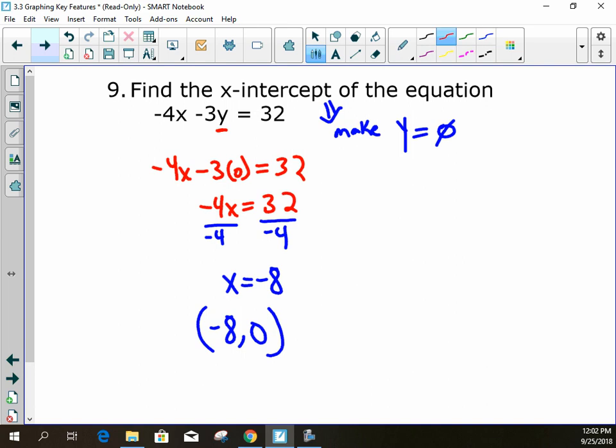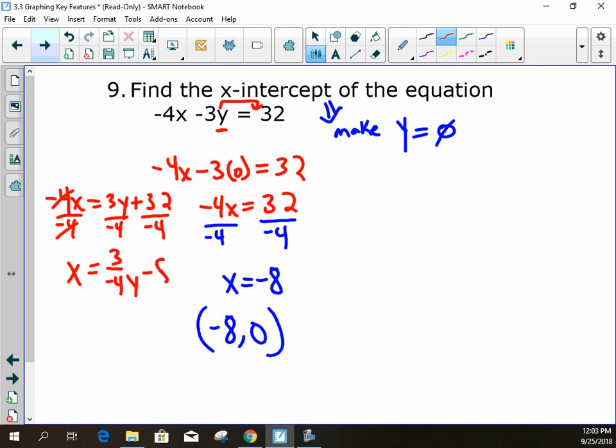Well, let's say I want to isolate my x first. Okay. I have to move my negative 3y to the other side. Negative 4x equals 3y plus 32. Now I divide everything by negative 4. X equals 3 over negative 4 y minus 8.